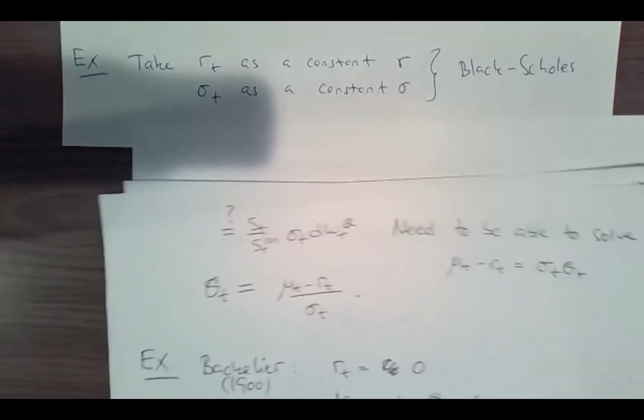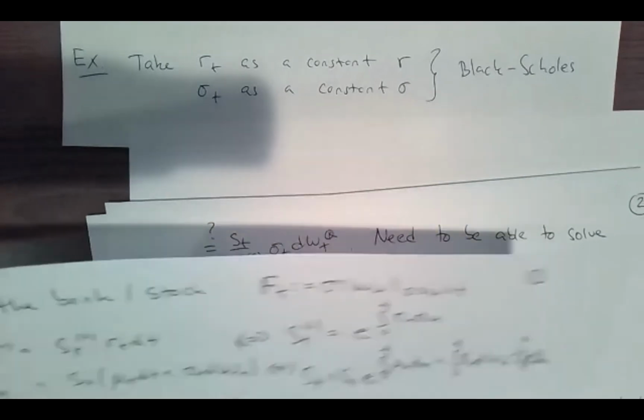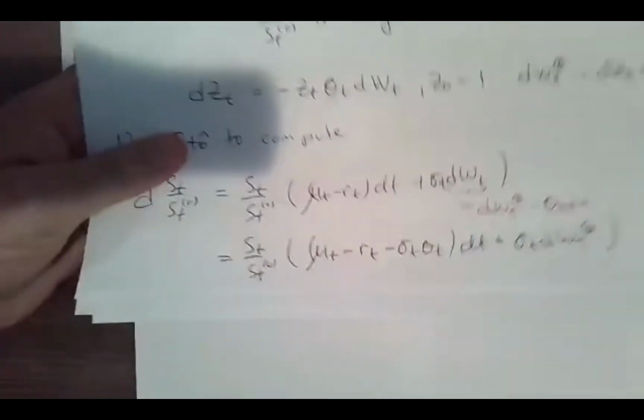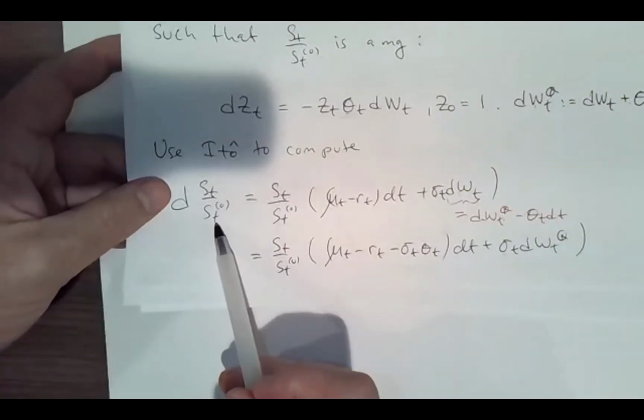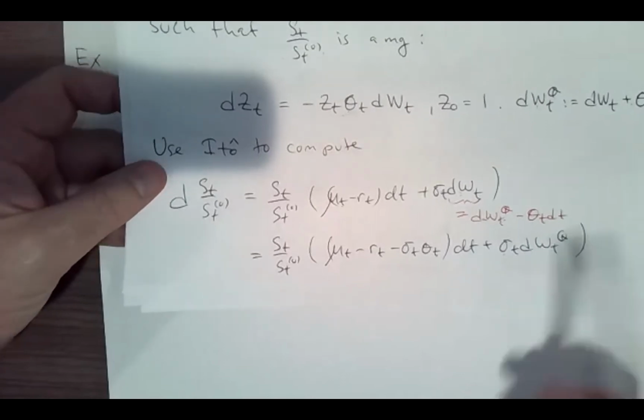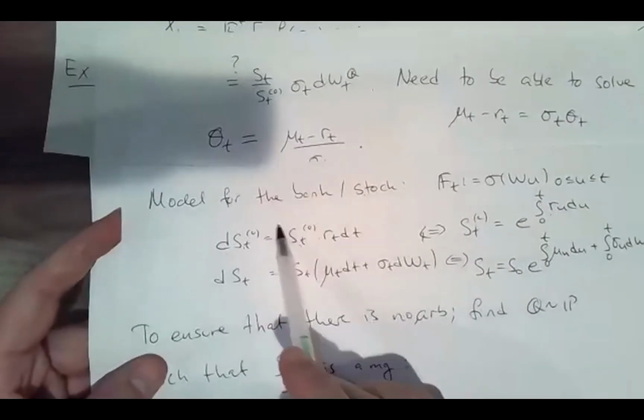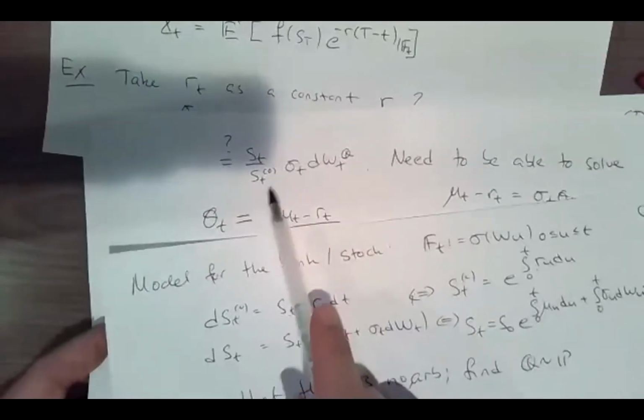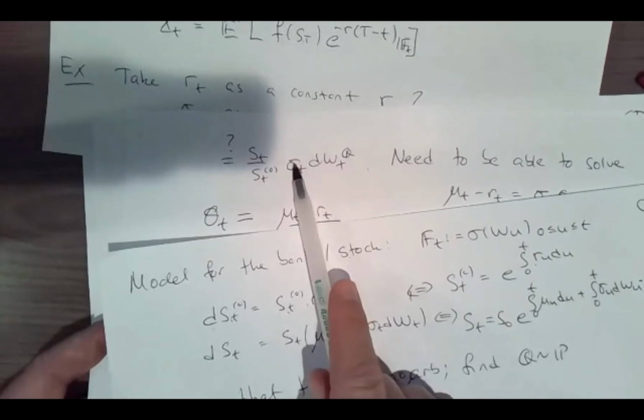In this case, we go back to the very first slide. The discounted stock under the risk neutral measure was a martingale with the dynamics up here, and now sigma is a constant.